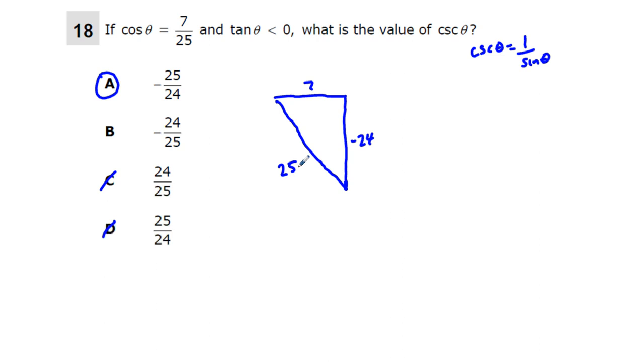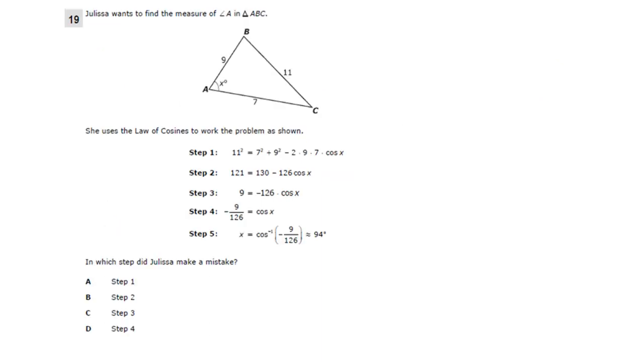And so our cosecant is going to be our hypotenuse over opposite, and that's going to be, if you work out Pythagorean theorem, you get 25 squared minus 7 squared. Okay, you get 625. I'm just going to write what that is.